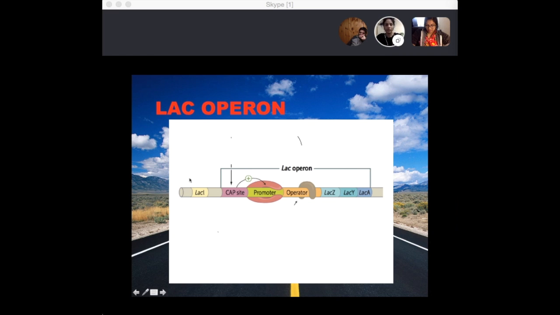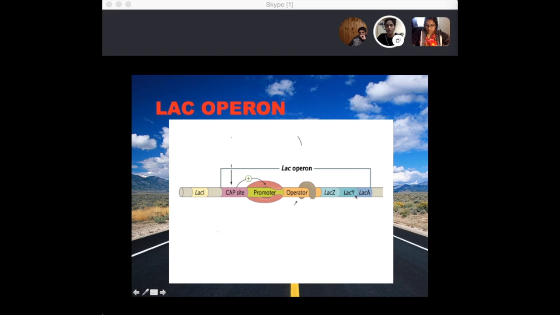So to start off with, here's a Lac Operon. This gray area you see here is going to represent the DNA. And then right upstream of the gray bar here on your right is going to be your lac genes.